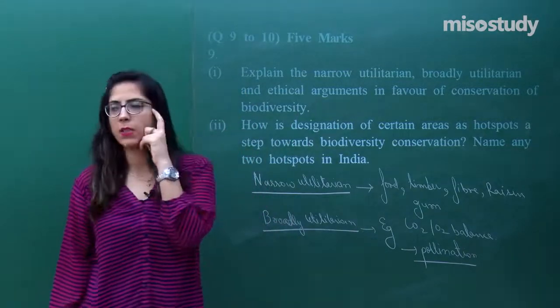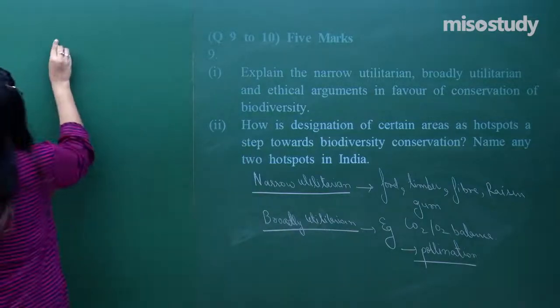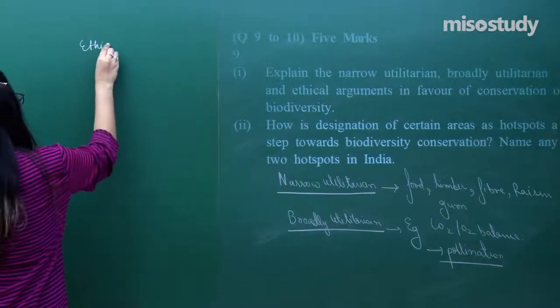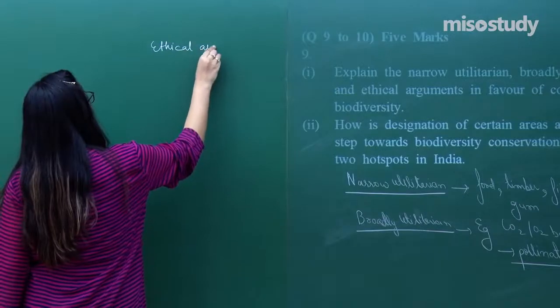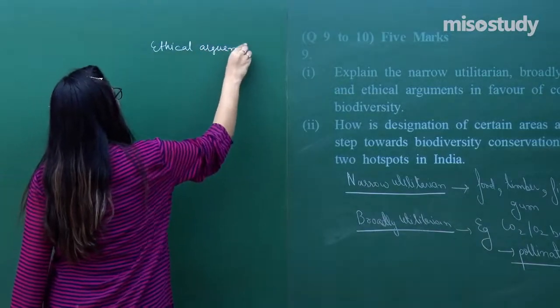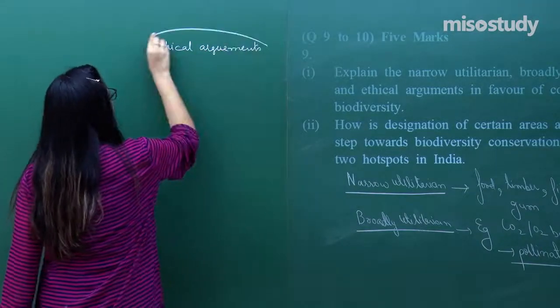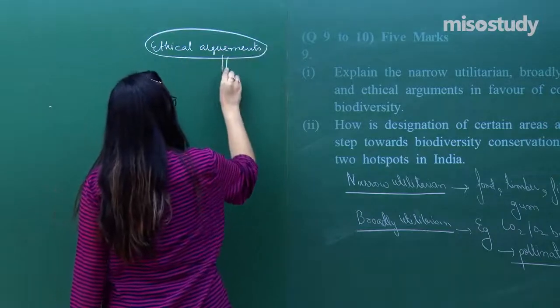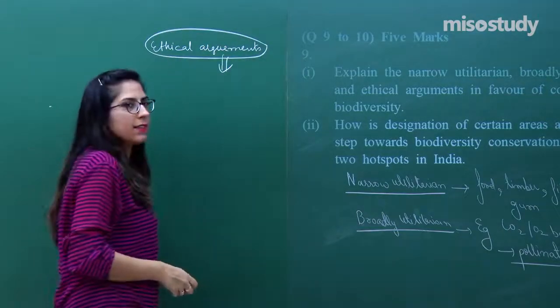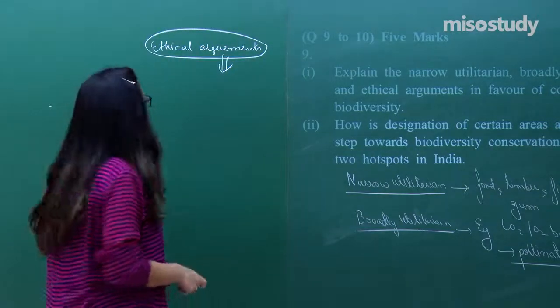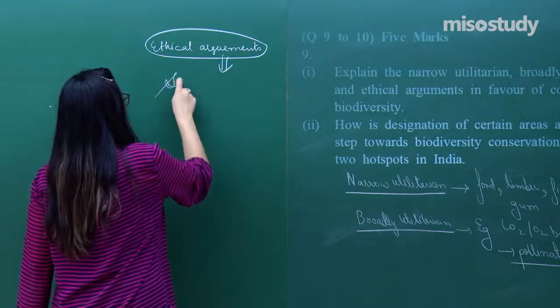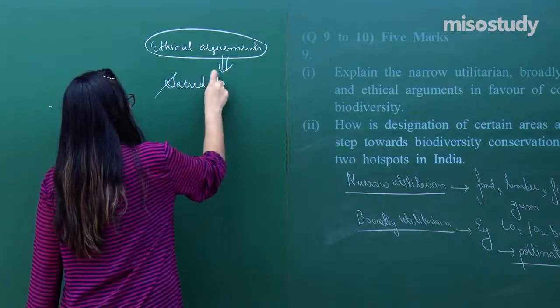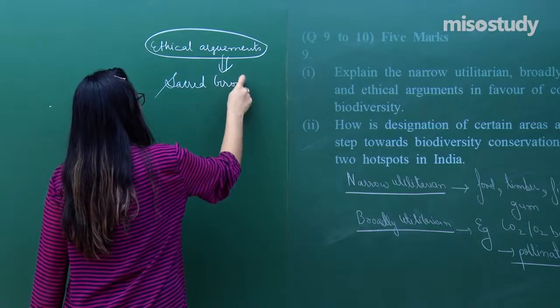Another, we have to explain the ethical arguments. Ethical arguments means these are those issues which we consider as sacred, and we have explained about the sacred groves. In this you have to explain about the sacred groves.